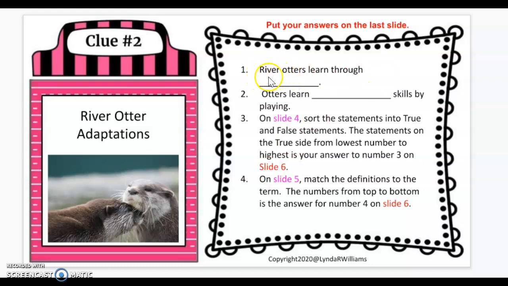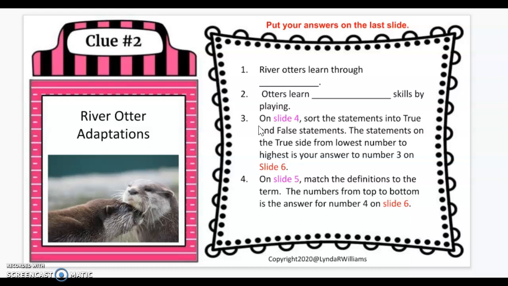So remember, you have to either fill in the blank for these 2, and then for question 3 and 4, you have to look at the slide and do as it's asking you, all right? So for question 1 and 2, you're filling in the blank with a word. And question 3, it says on slide 4, sort the statements into true and false statements.